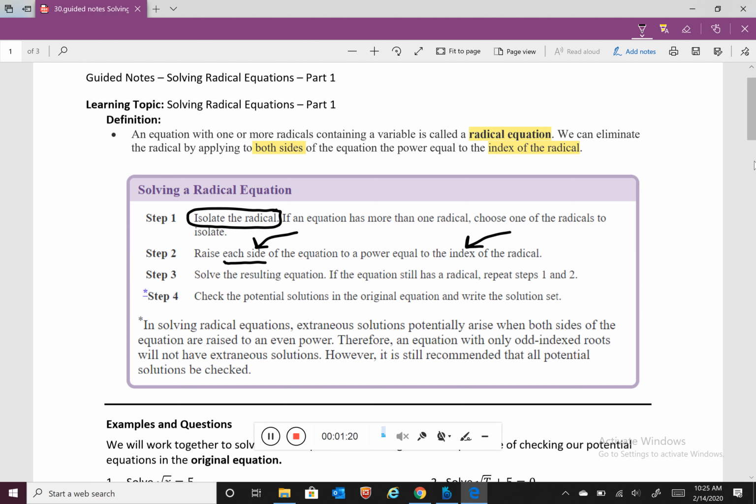And then we will be solving the resulting equation. We will also need to check the potential solutions in the original equation. There will be times when a solution does not check in the original equation, and therefore we call this an extraneous root or an extraneous solution.